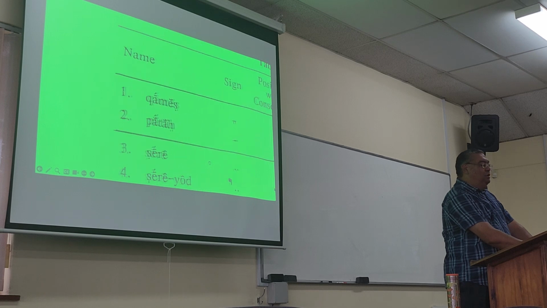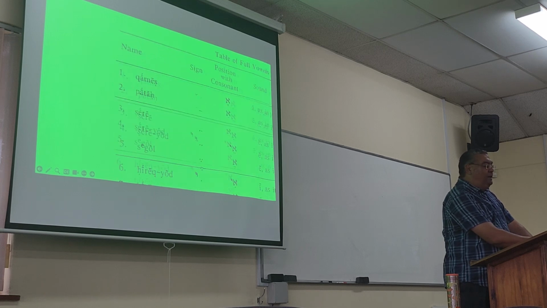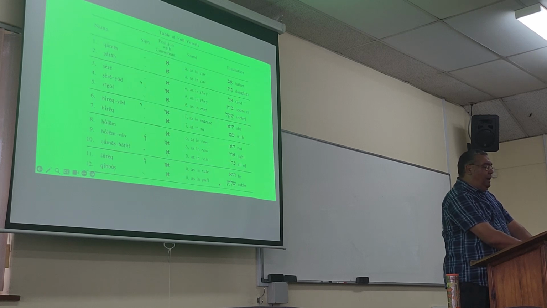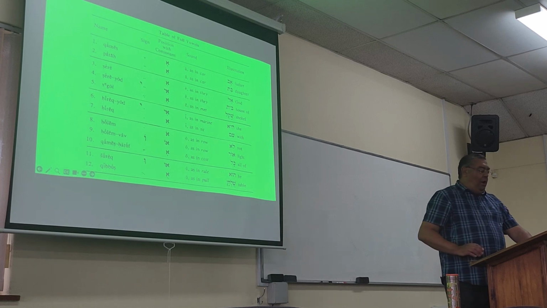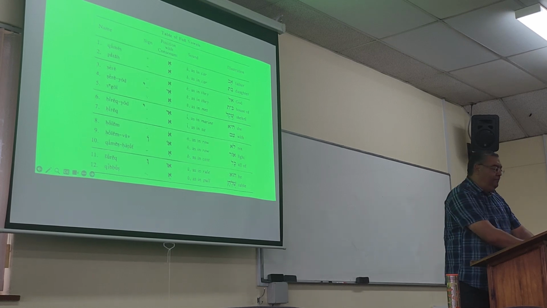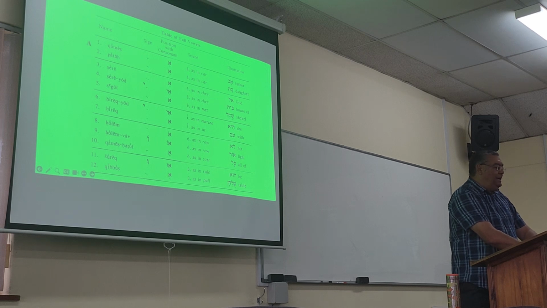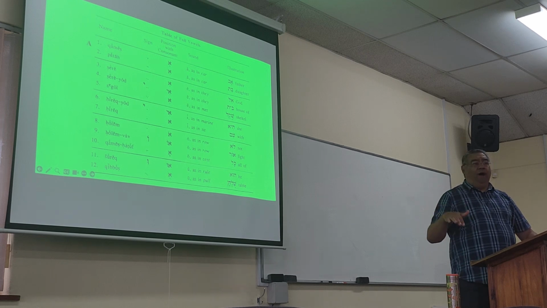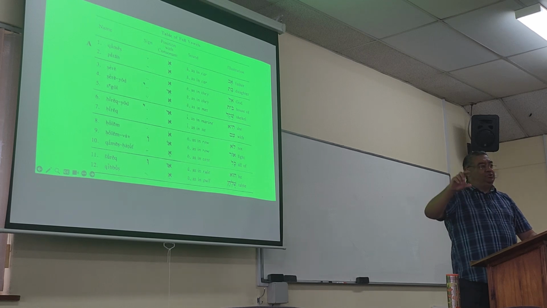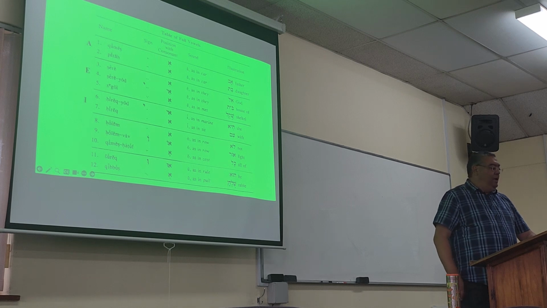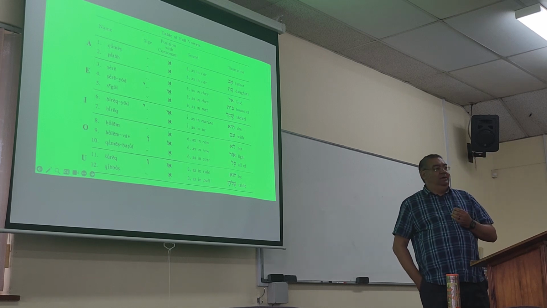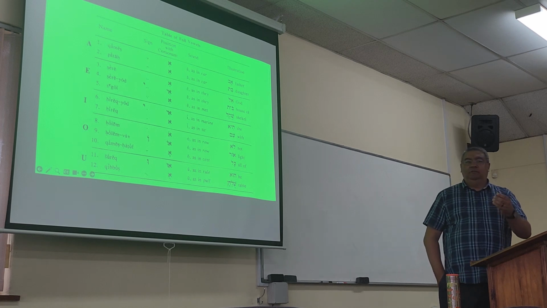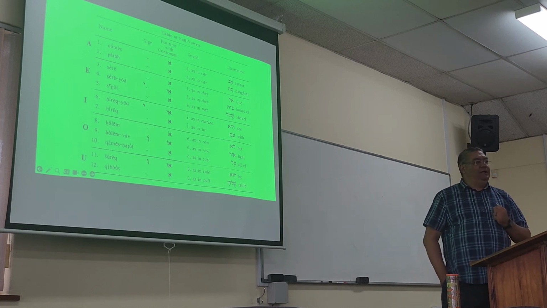Okay? So that's the way in which the table is listed. But what I want you to be able to see is how each of those 12 vowels, and you can see he's drawn lines in between them, those 12 vowels actually represent the 5 vowel sounds that we have in English.